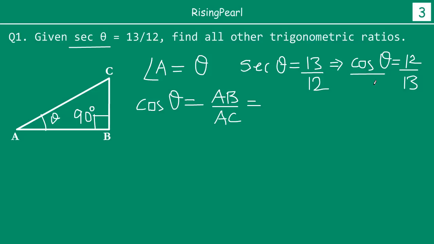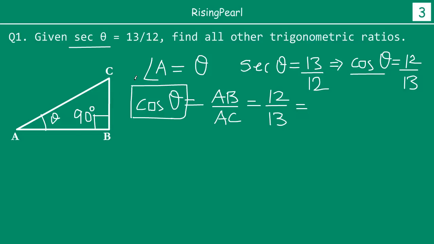Now if this ratio is 12 by 13, this is, friends, what we mentioned earlier, that whenever one ratio is given, it means two sides are given. And by that what we really mean is we still don't know the exact dimensions of BC, or in this case AB and AC.